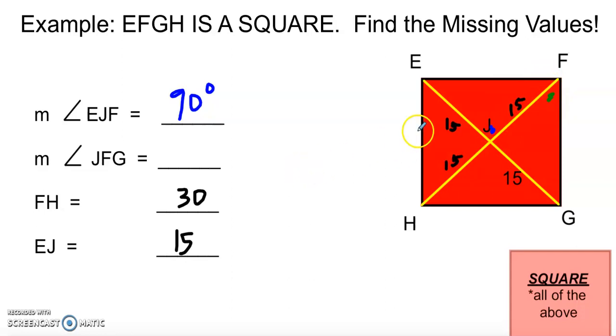That angle is going to be 45 degrees. If I take a 90-degree angle and divide it by 2, that becomes 45 degrees. So angle JFG is 45 degrees. All right, we can move on.